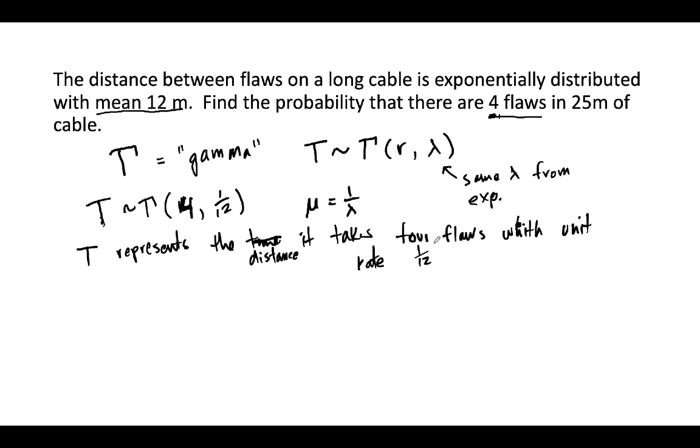That's one way to look at where this 1/12 is coming from. If there's 1/12 per meter, and there really isn't, that's just an average, but if there was, then the mean it would take for 1 flaw would be 1 meter. So that's where your lambda comes in.